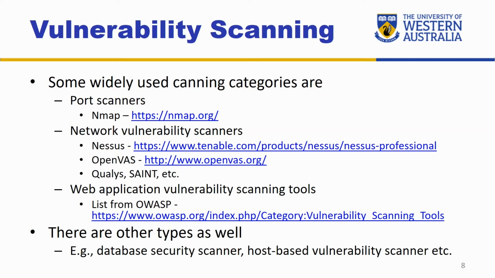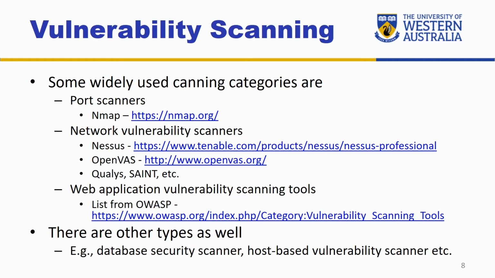So try not to use these types of tools on a public network. It will be good to test them locally to understand what those scanners do, but keep it within the boundaries of your own network for these tools.